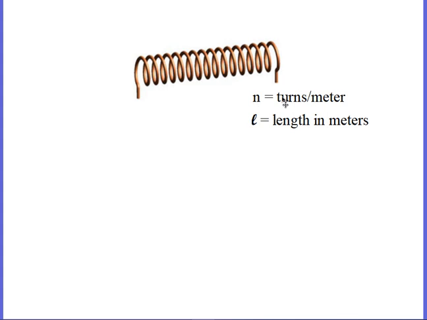Lowercase n was turns per meter. That's the turn density. I'm going to use a lowercase l for the length of this solenoid, so that it doesn't get confused with a capital L for inductance. And then we have this definition of inductance.